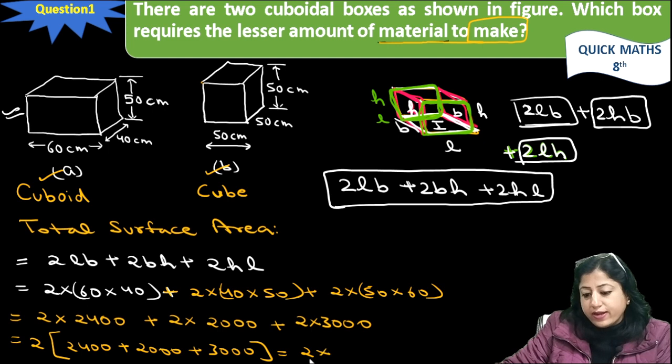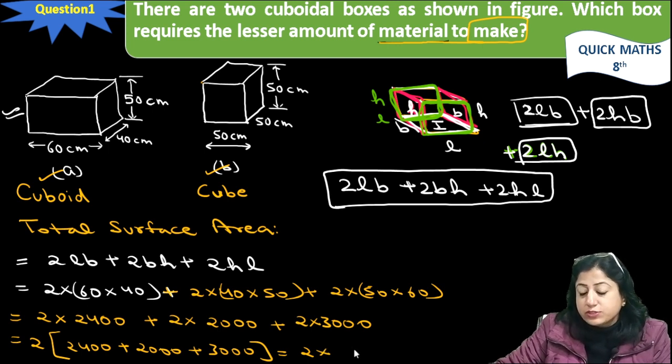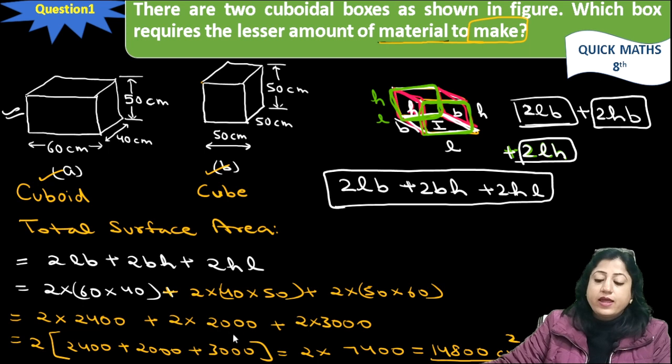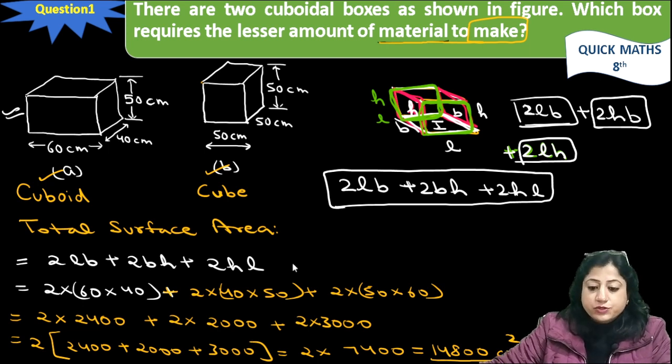So 3000 plus 2000 is 5000, and 5000 plus 2400 is 7400. Twice of it is 14800, and the area will be in centimeter square. This is the total surface area of the first cuboid.